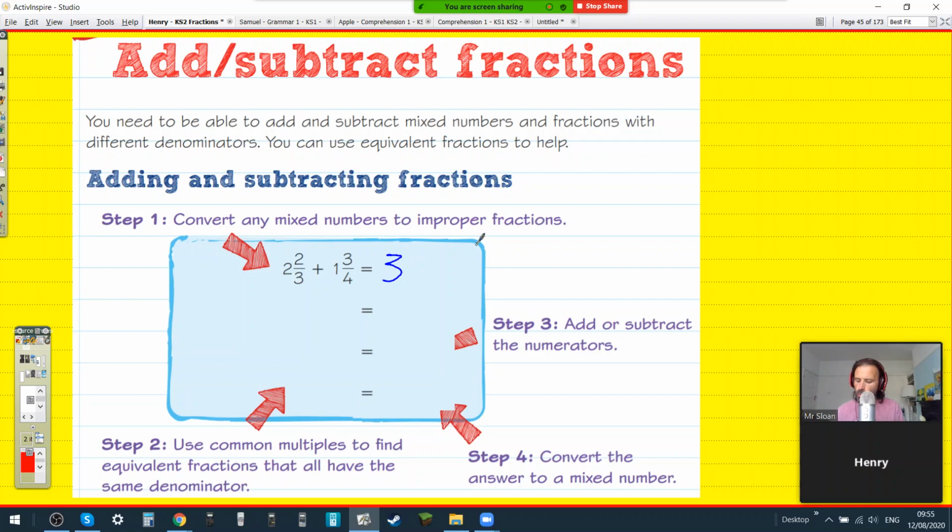No, 4 wholes, actually. So 3, 6, 2, 6, 8.